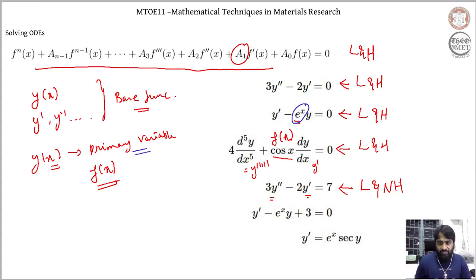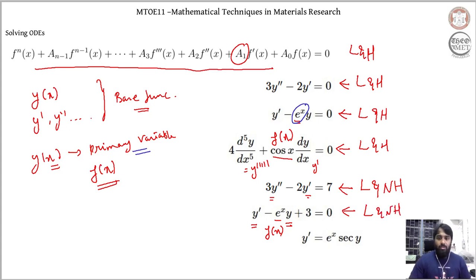Now let's take this case here. Again, I have my base function and its derivative. There is no other function of my base function, and I have a coefficient that is not a constant but a function of my fundamental variable. So as things stand now, it is still linear, but the key difference is the sum is no longer equal to 0, it has some additional term, so therefore it is linear and non-homogeneous.